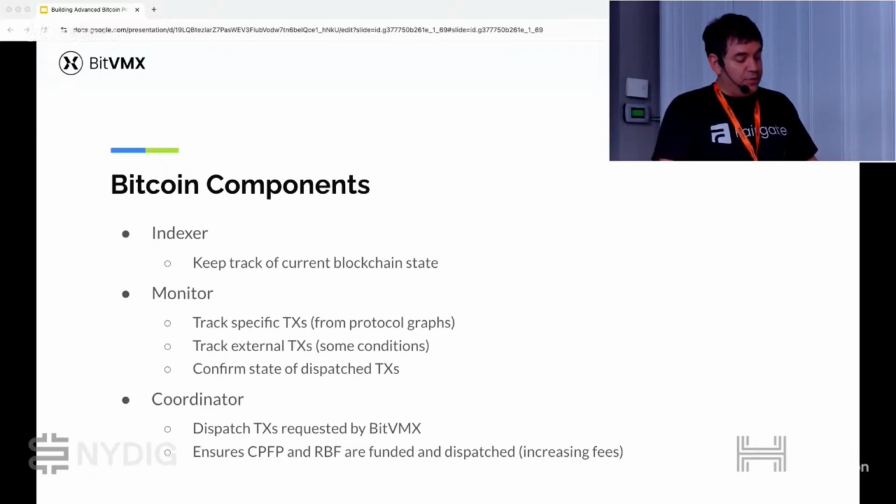Also, we have a coordinator module, which dispatches the transactions requested by BitVMX and may send transactions of the application that's built on top.